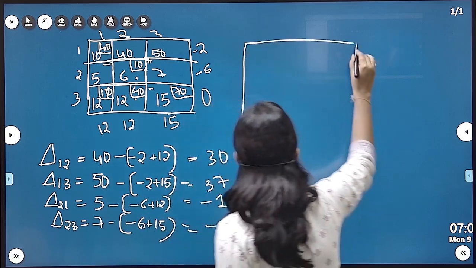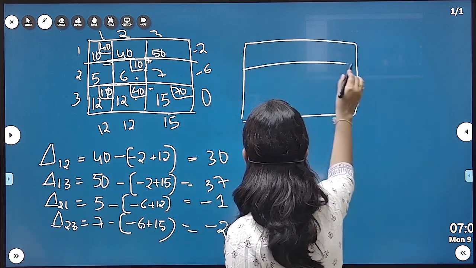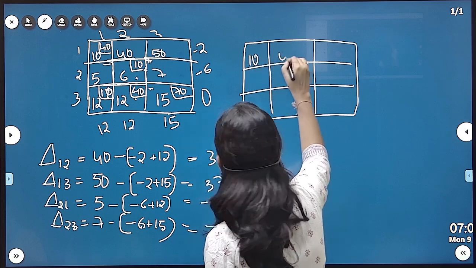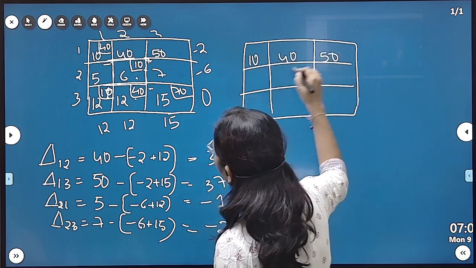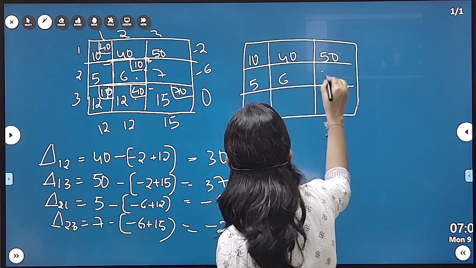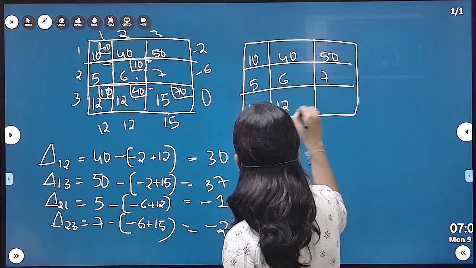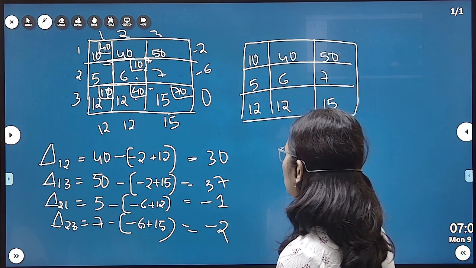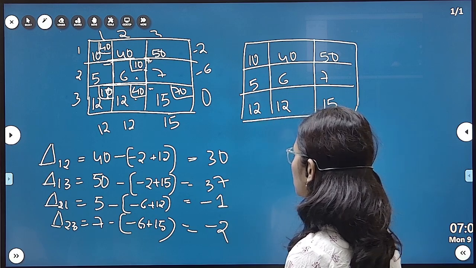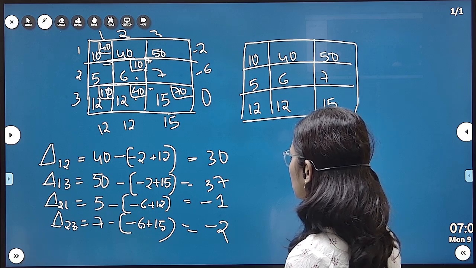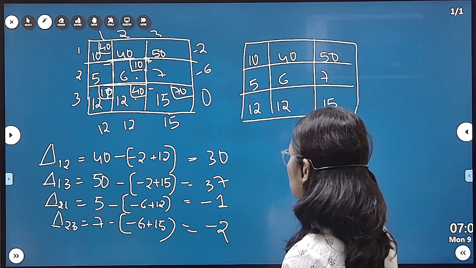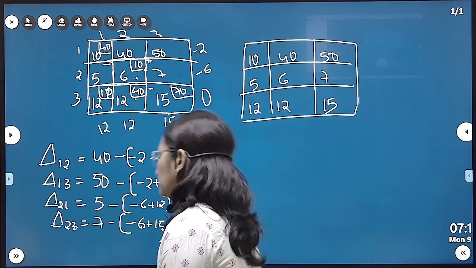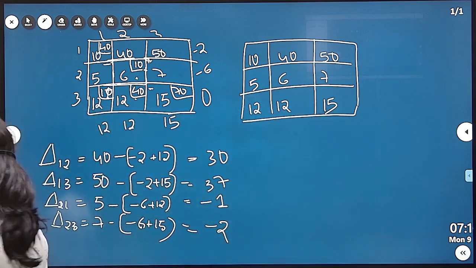So write down the matrix. So 10, 40, 50, 5, 6, 7, 12, 12, 15. Do degeneracy again.